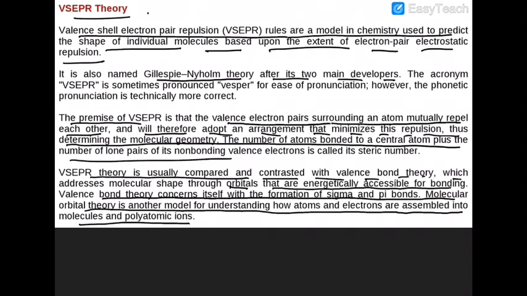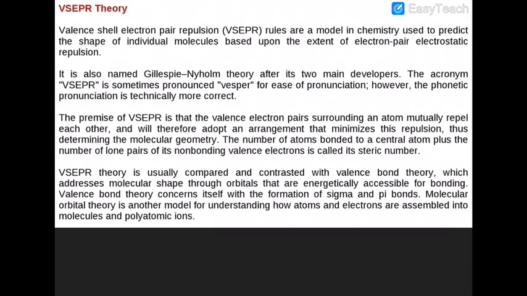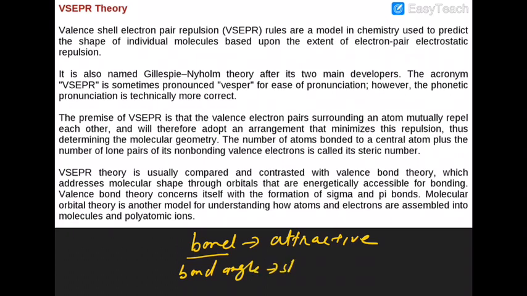Look at that picture once more, so that you can easily understand what is written. Two things came into account. A bond is formed due to the dominating attractive interactions, while the bond angle, or you can say the shape of the molecule, is dominated by what?